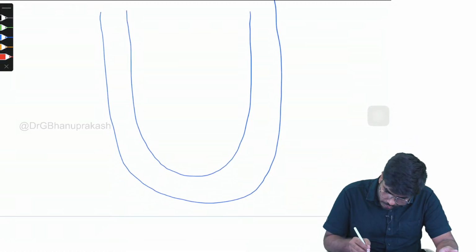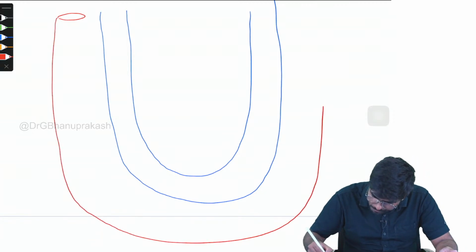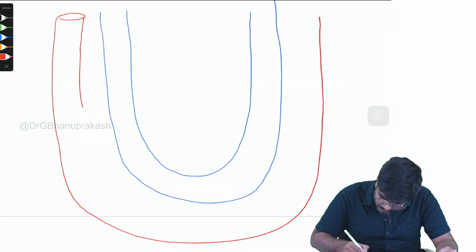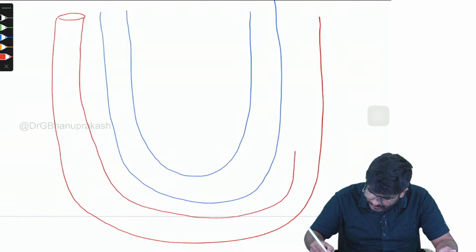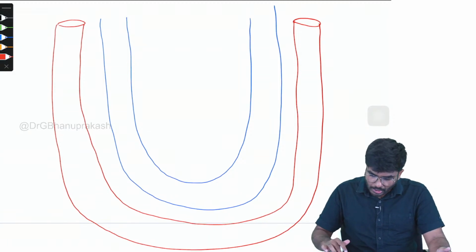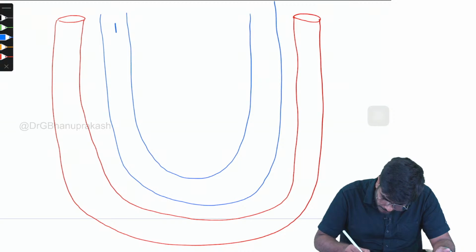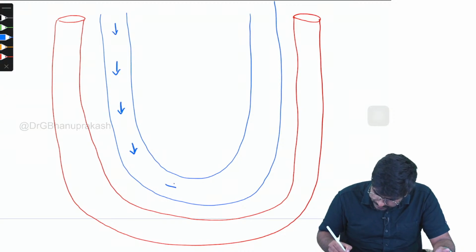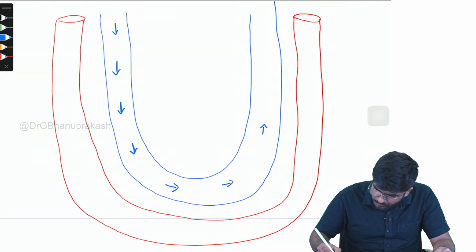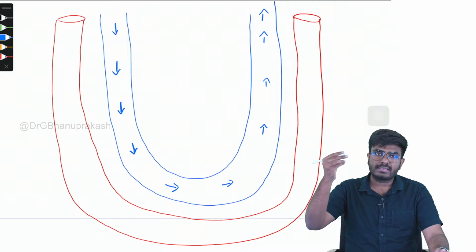Now I am drawing one more structure, which is nothing but a blood vessel. Normally, the urine is moving like this, via the descending limb, via the hairpin turn, and via the ascending limb of loop of Henle.